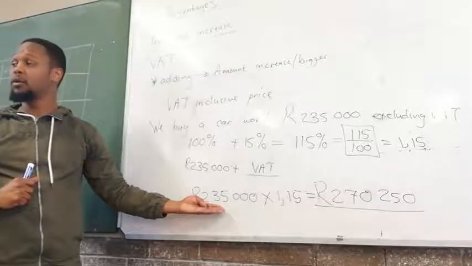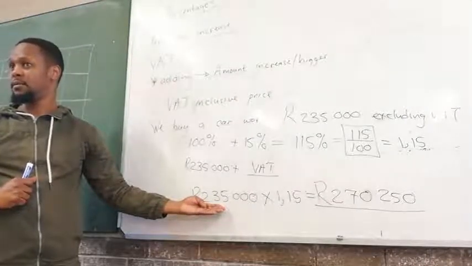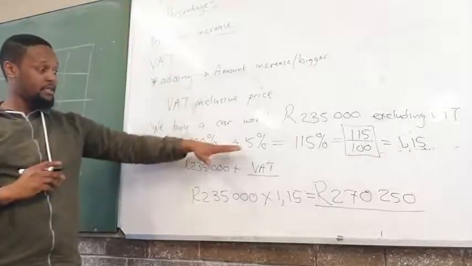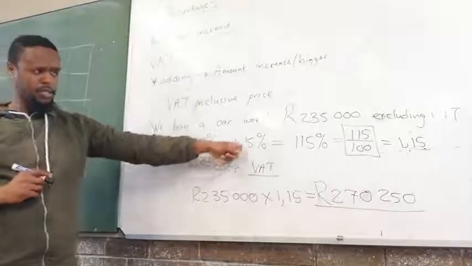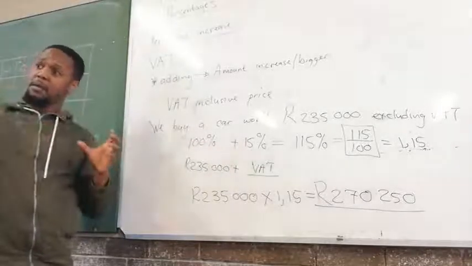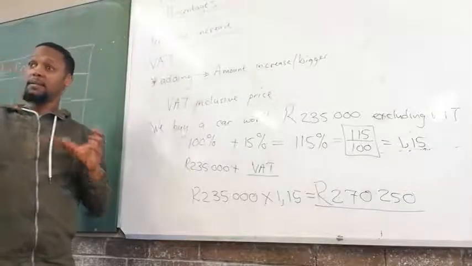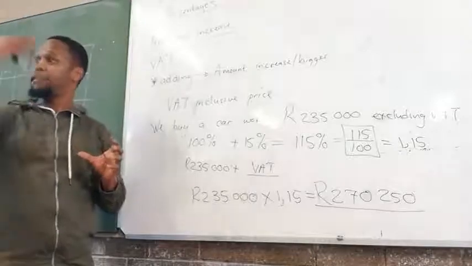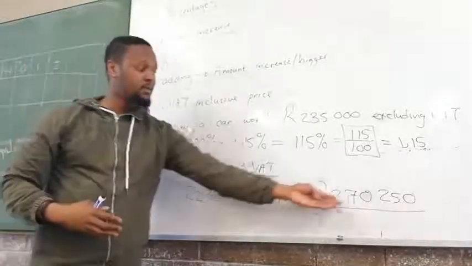And it is always going to be the case. So that is percentage increase. First, you must add the percentage to 100%, meaning that that amount is going to become more than 100%. And that indicates that we have increased. It became bigger. And then your answer is going to increase as well.